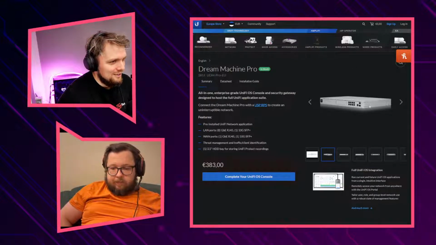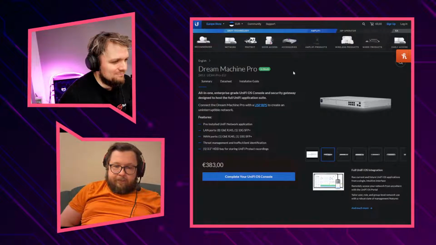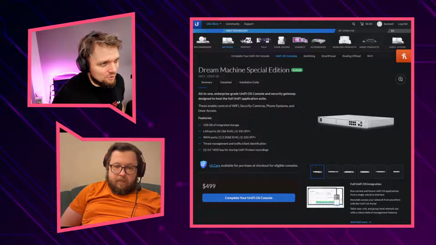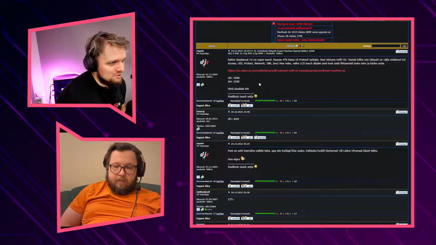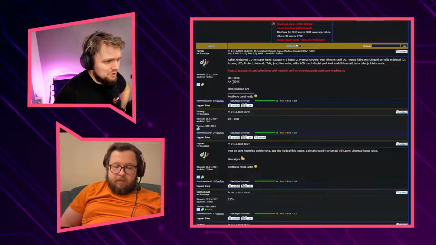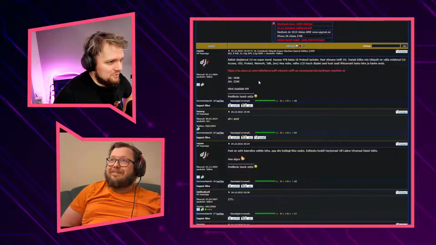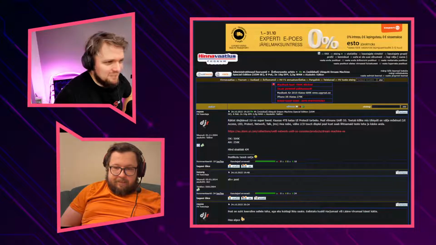So this is a really, really fancy router slash switch slash all the stuff. I bought the special edition. There was a guy on the Hinnavaatuse forum with a starting bid of 250 and a buy-it-now of 500. And I was like, okay, I have to have it.